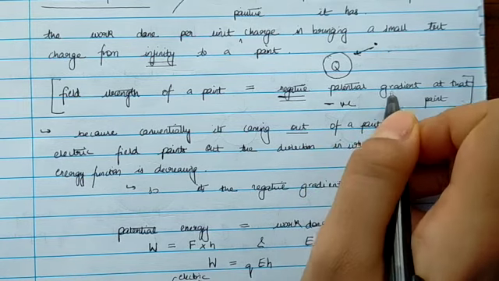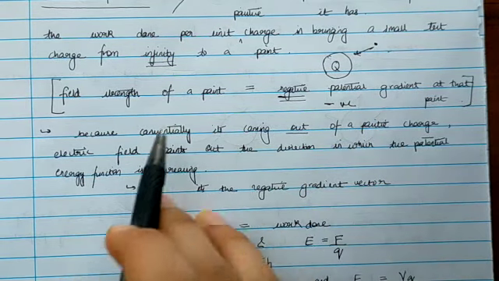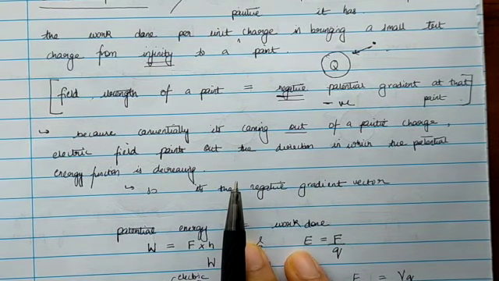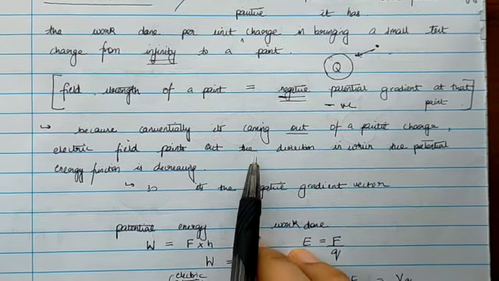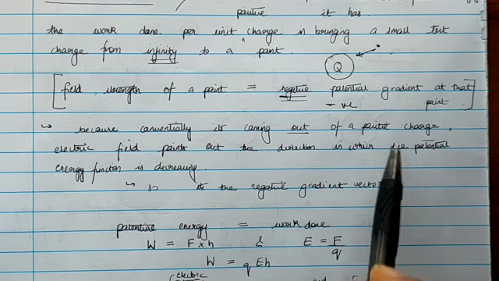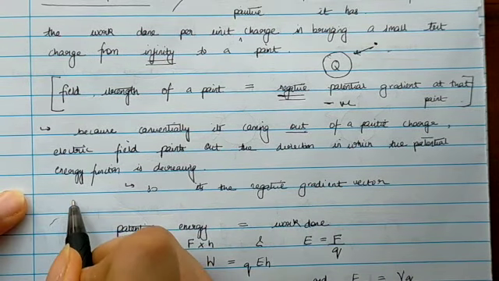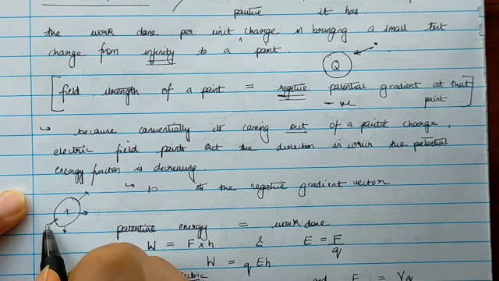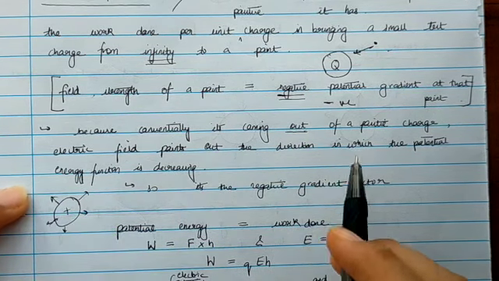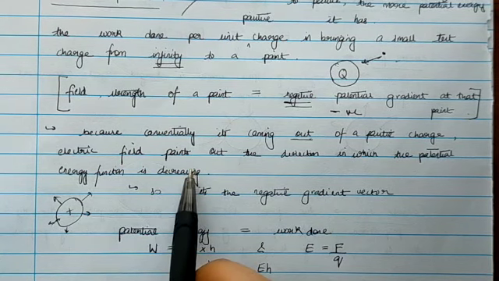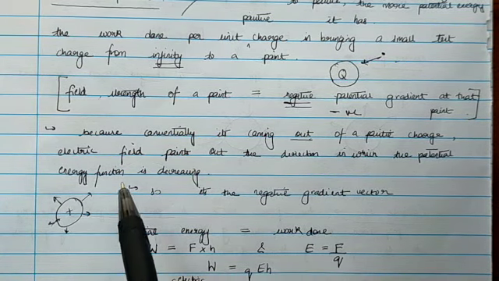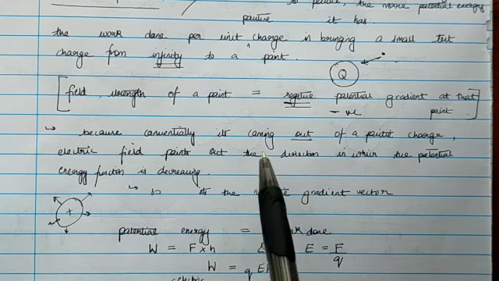The reason is that conventionally the field comes out of the positive charge, as we saw previously. So the electric field points in the direction in which the potential energy function is decreasing.